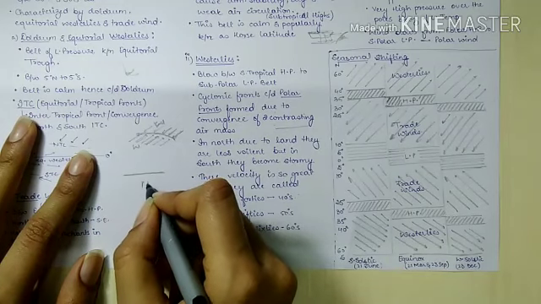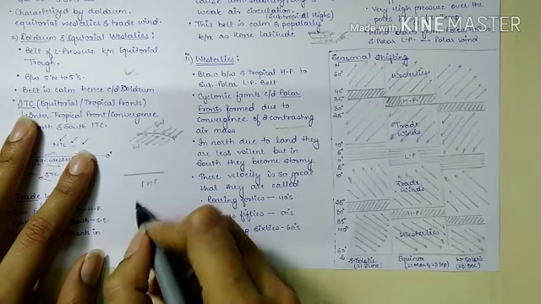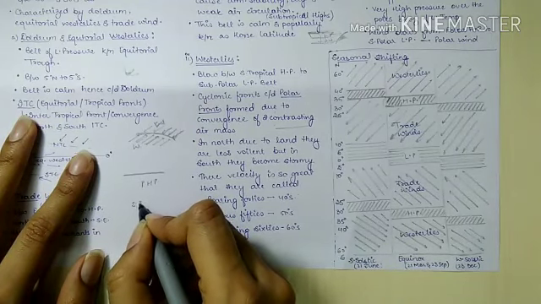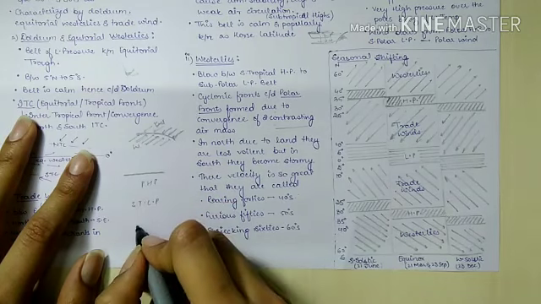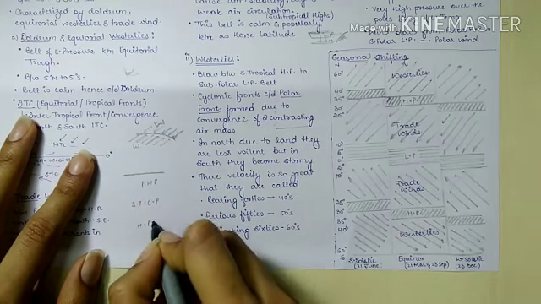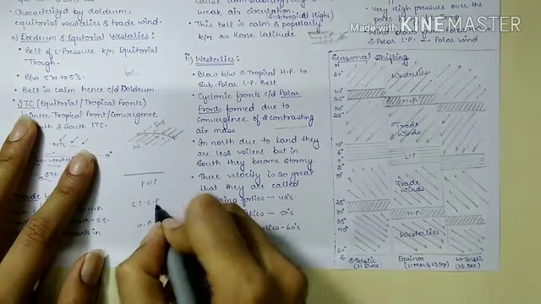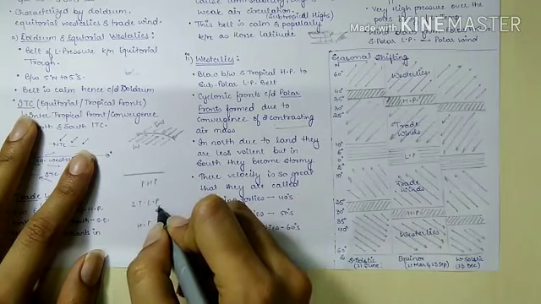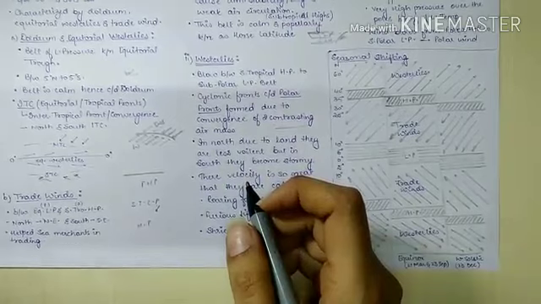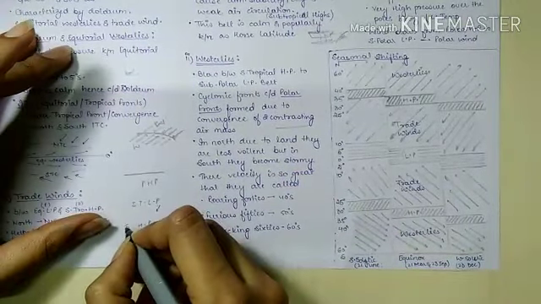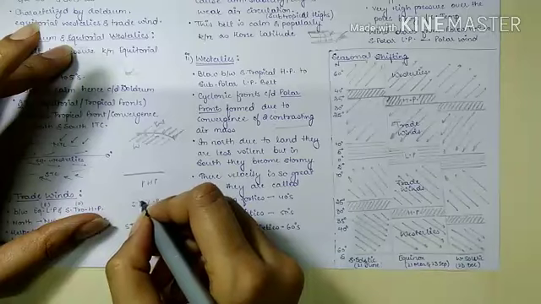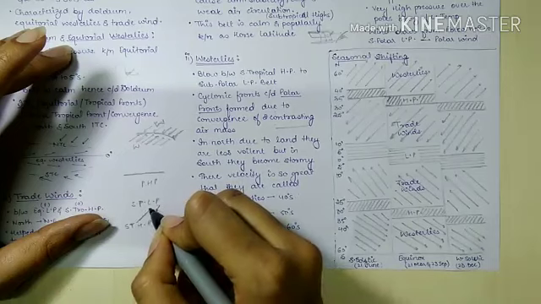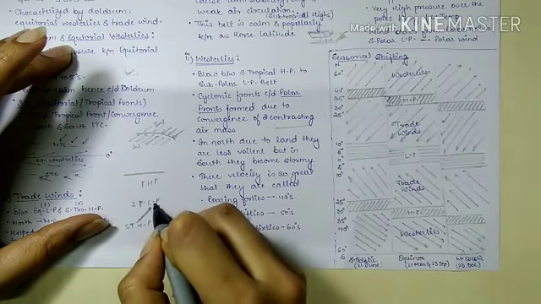We have polar high pressure here. Then we have subtropical low pressure, and then we have high pressure here. From subtropical high pressure, the winds are coming to subpolar low pressure.